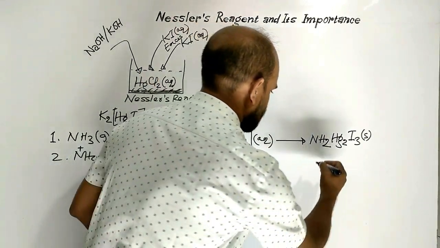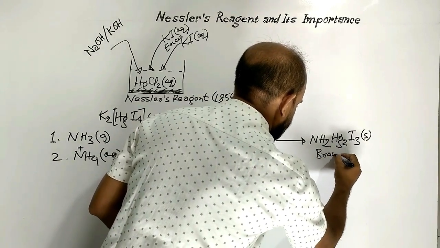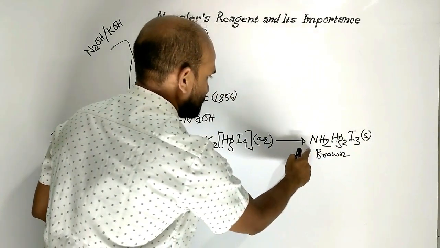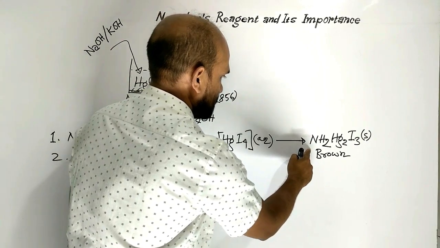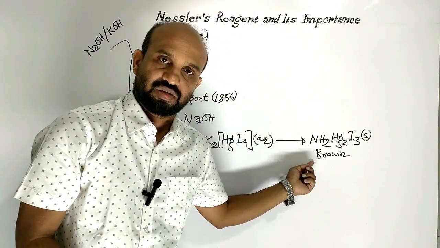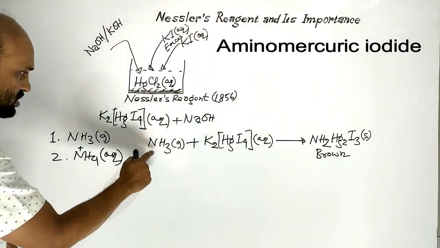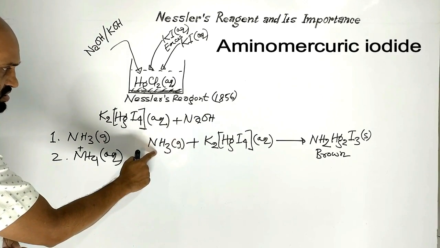This is a brown precipitate. This brown precipitate proves the presence of ammonia gas.